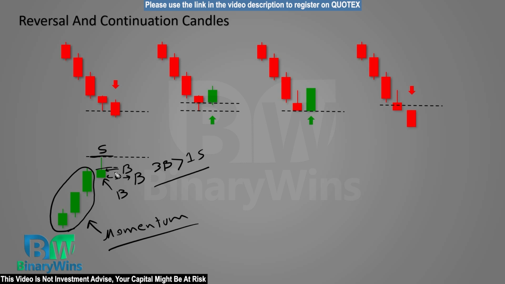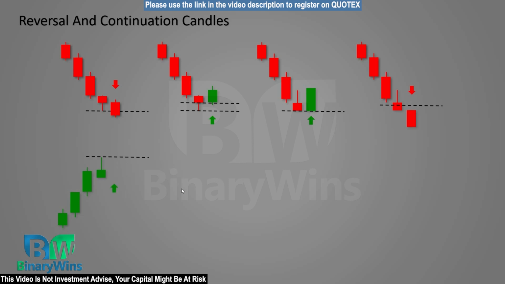So we can trade higher here, and this gap will be filled with buyers.